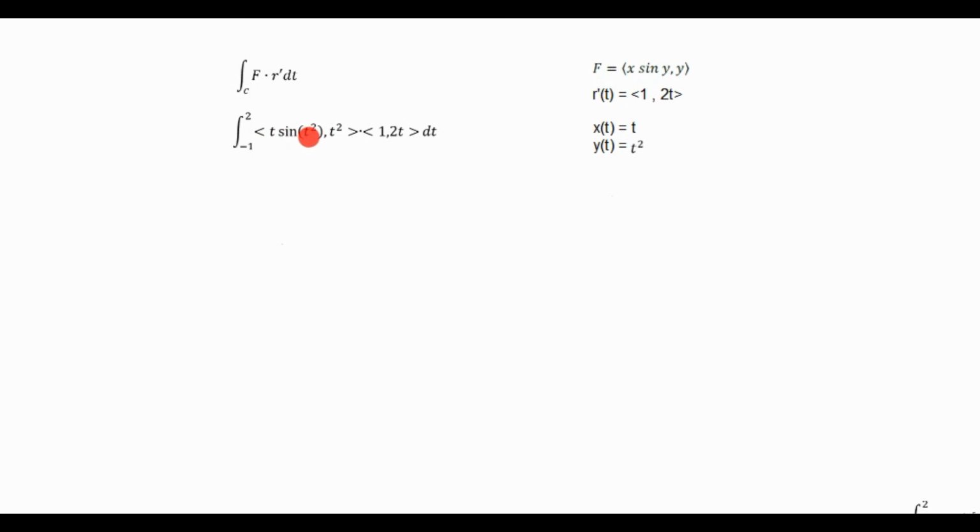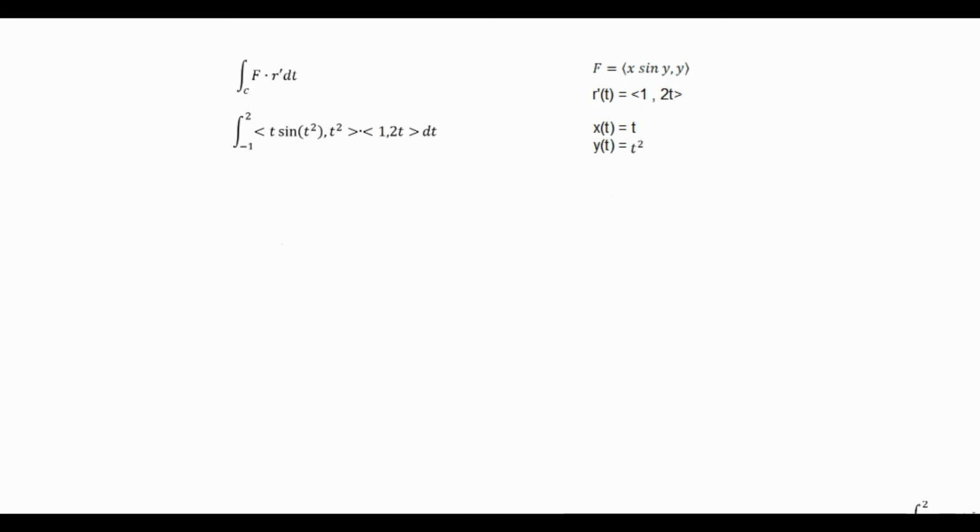So t sine t squared is from x being t, and t squared moves into y, so you get t sine t squared, and next one is y, so we just put t squared over here, and 1, 2t is basically r prime t.